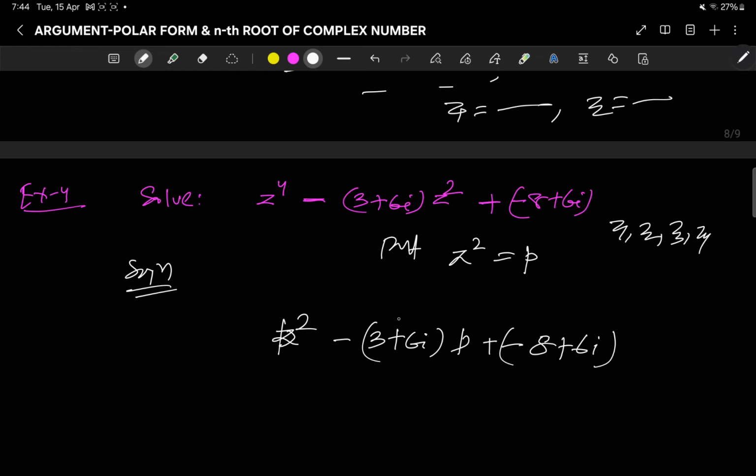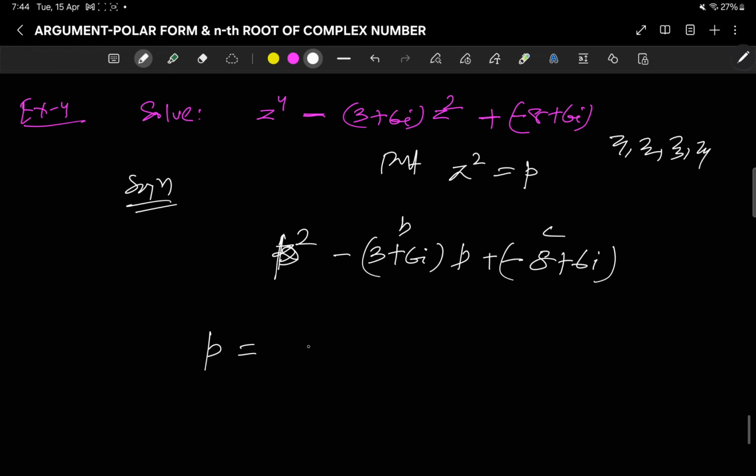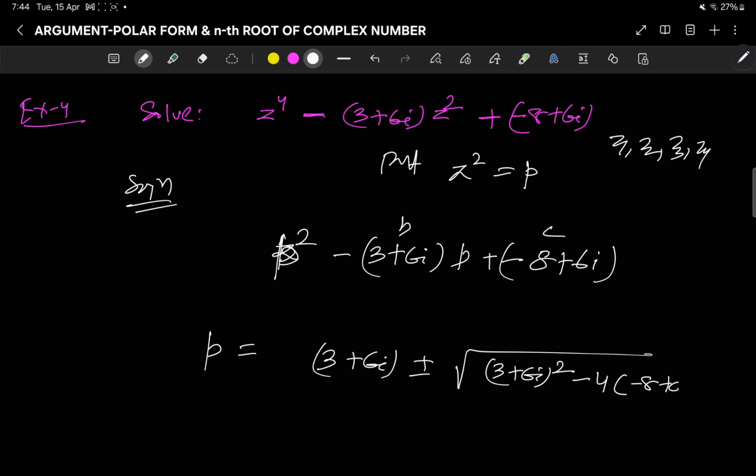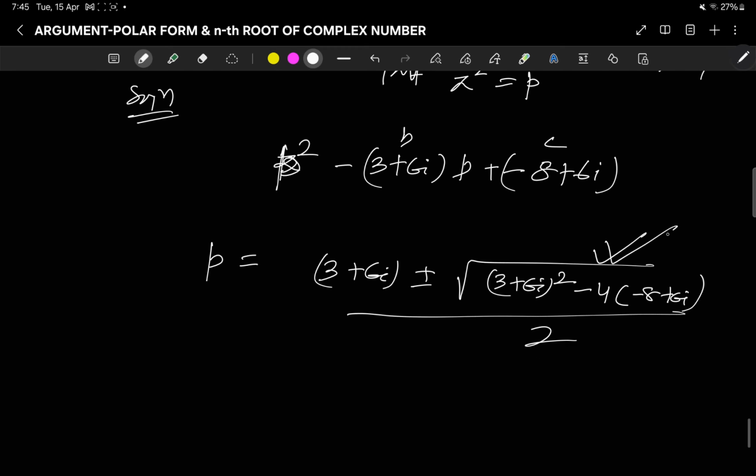So this is ax square plus bx plus c. So here p is equal to minus b, means 3 plus 6i, plus minus root over of b square, means 3 plus 6i whole square minus 4ac, minus 4 into a is 1 into c, minus 8 plus 6i, by 2. So now you can find the square root of the complex number.